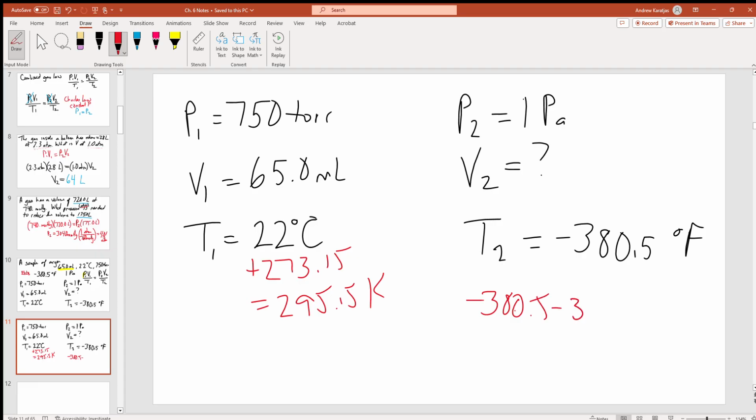We subtract 32 and multiply by 5/9, which gives us negative 229.2 degrees Celsius.